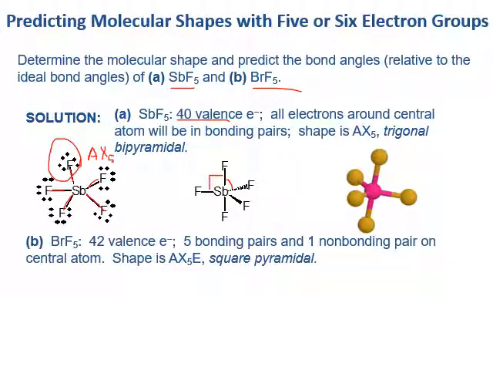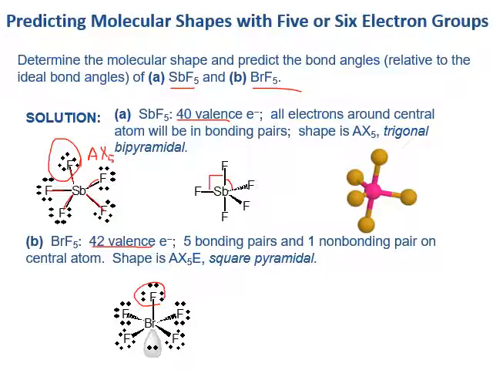For BrF5, it has 42 valence electrons. You draw first, so you have 6 times 5, which is 30, 32, 34, 36, 38, 40.